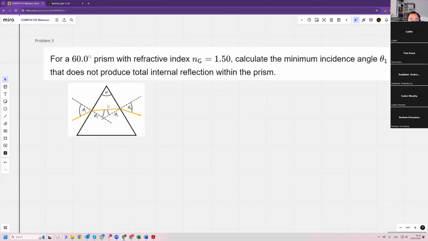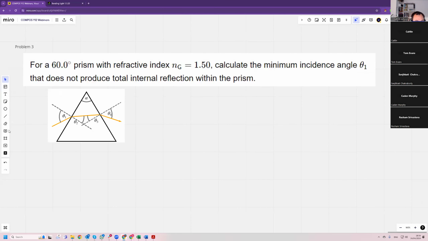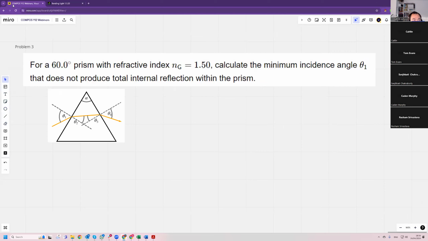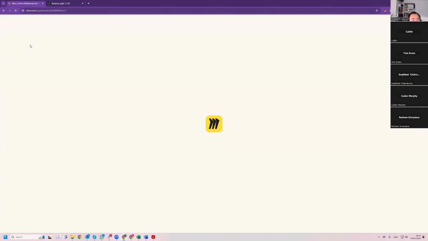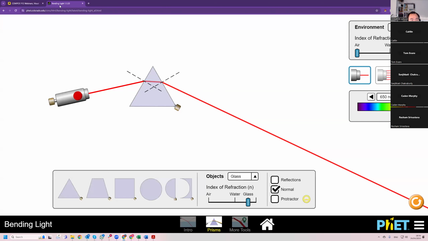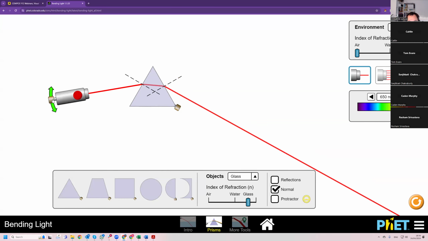So what happens for the total internal reflection?